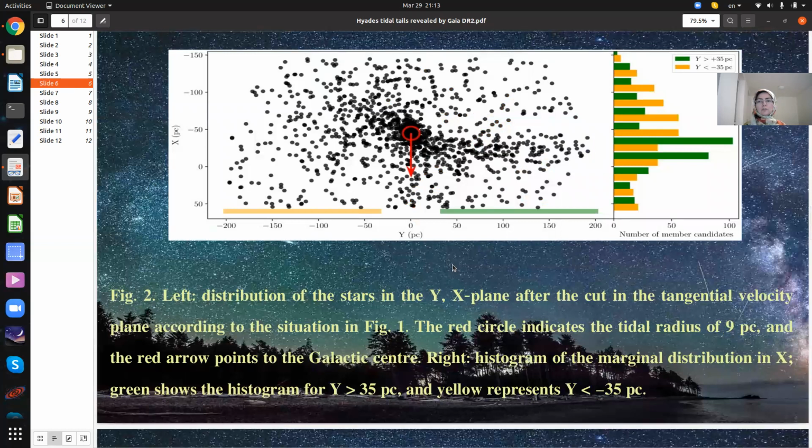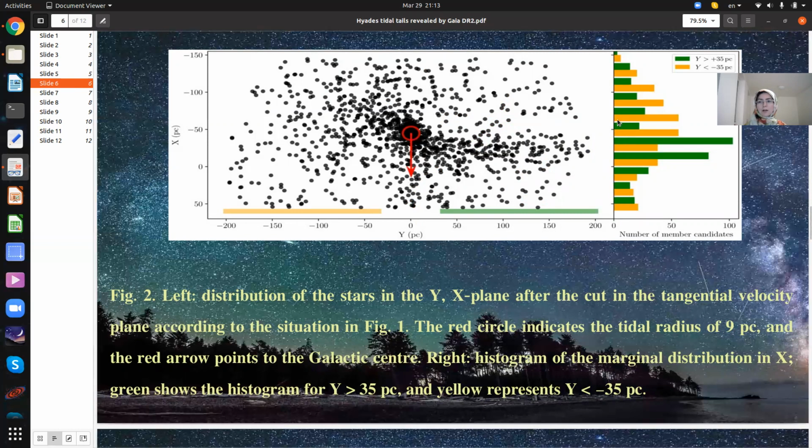In figure 2, on the left, you can see the distribution of the stars in the X and Y plane after the cut in the tangential velocity plane according to figure 1, as I showed you. The red circle indicates the tidal radius of 9 parsec, and the red arrow points to the galactic center.